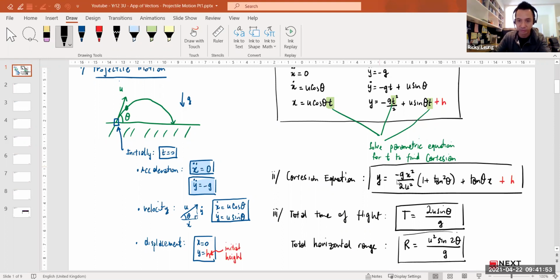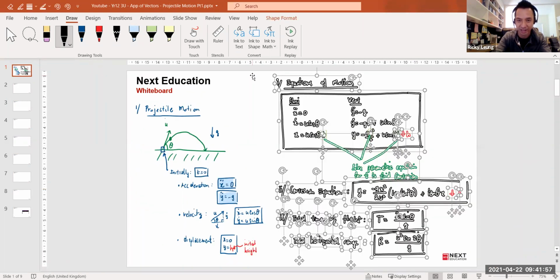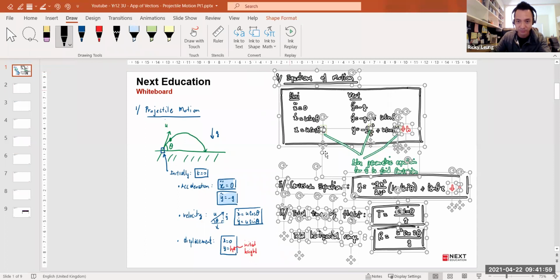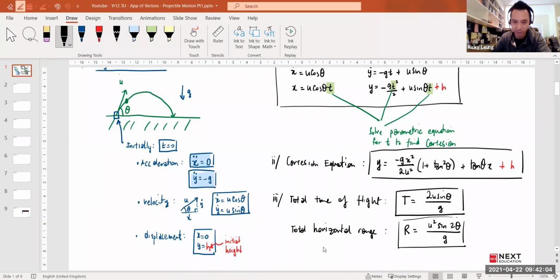Then the max vertical height. So just be very careful with your formulas because they're subtly different, which is h equals u squared sine squared theta on 2g.